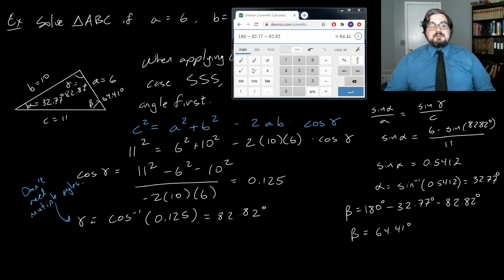Now's a good time to go back and check and make sure that all of your angle and side measurements make sense, that your largest angles are opposite your largest sides, your smallest angles are opposite your smallest sides, and that all of the numbers involved are reasonable.